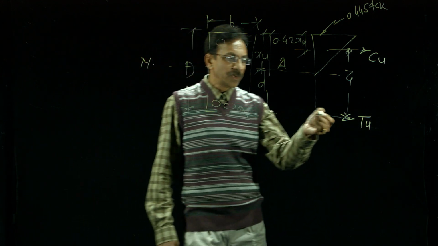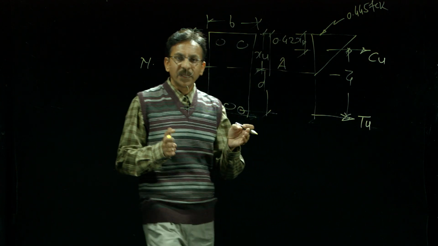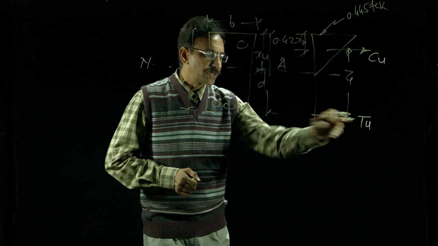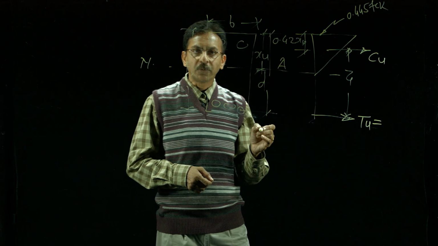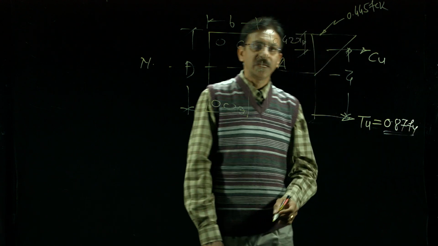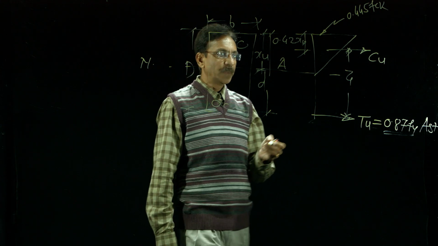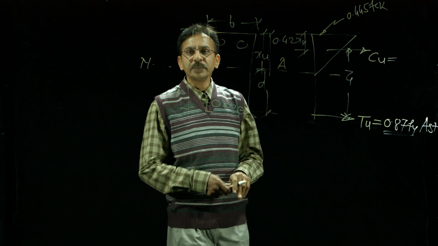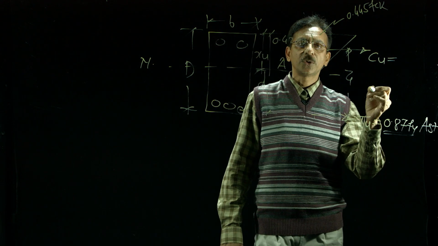To calculate the total tensile force, force is equal to stress multiplied by area. Now, this is the force due to the steel. Ast is the area of steel and 0.87 fy is the stress for steel. Similarly, to calculate the total compressive force, the area of this section is nothing but the total compressive force.